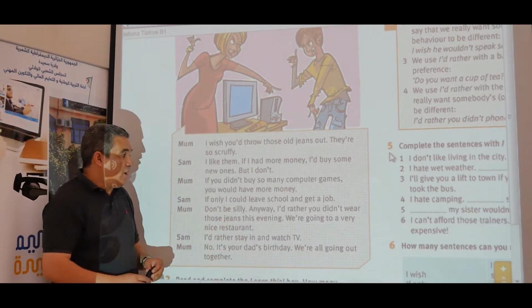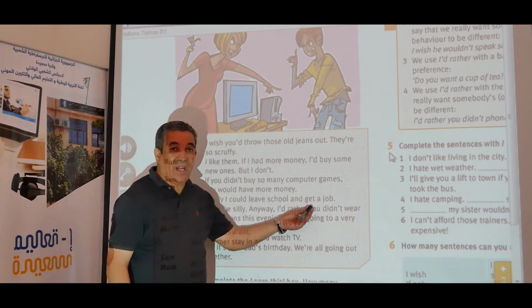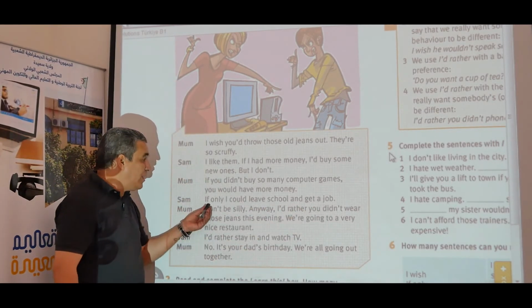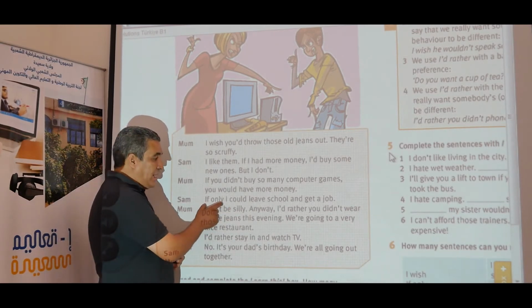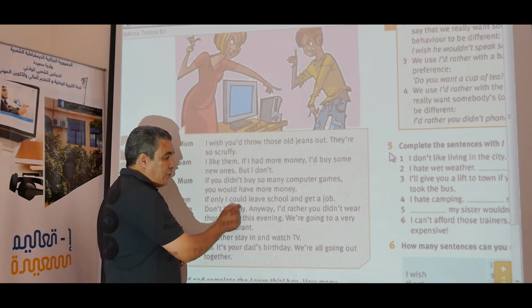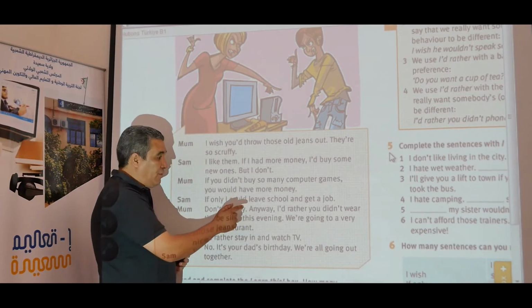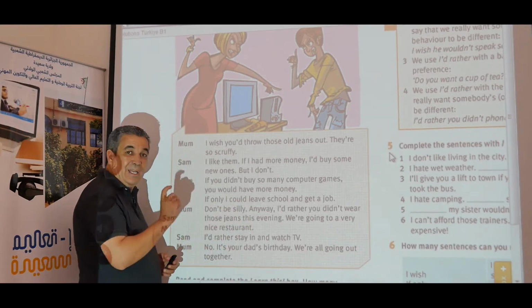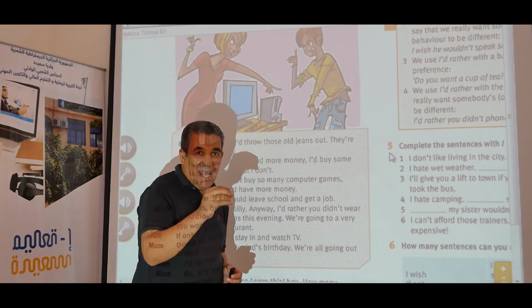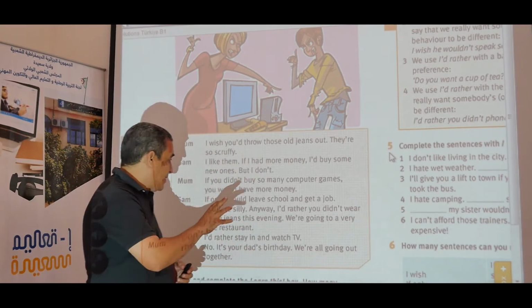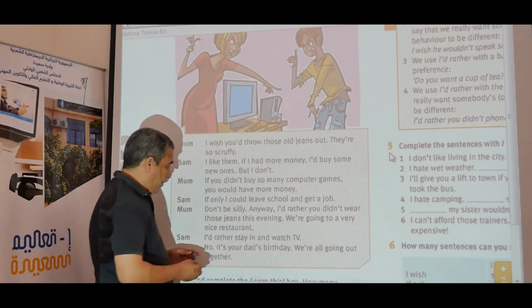Sam: "If only I could leave school and get a job." Now look, if only, and we've got could plus the infinitive of the verb. So, if I could leave. This is what we call in English grammar the conditional tense. So, leave school and get a job.